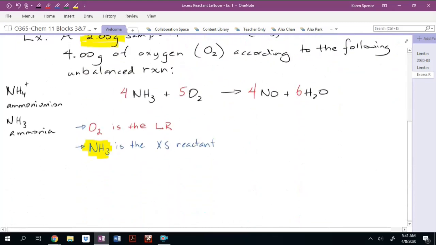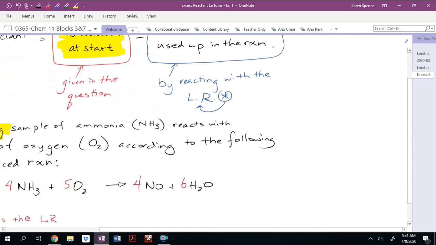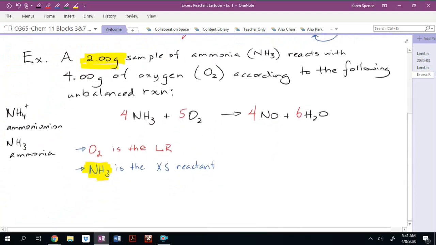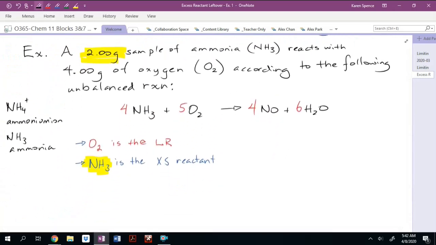So let's write down our formula. So we want to find our excess reactant left over. So that's going to be our NH3.